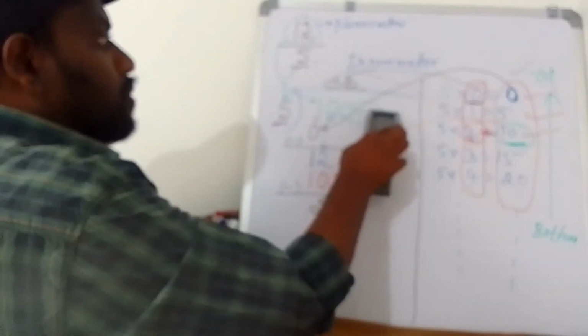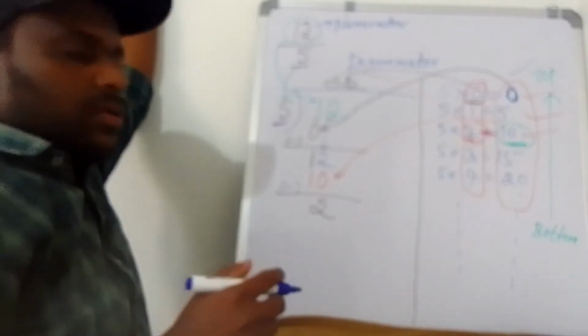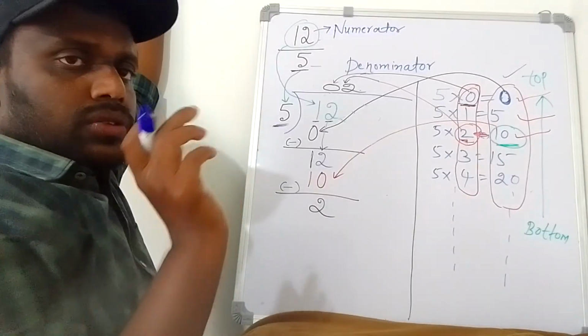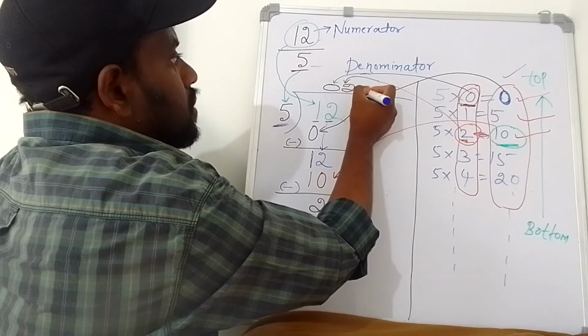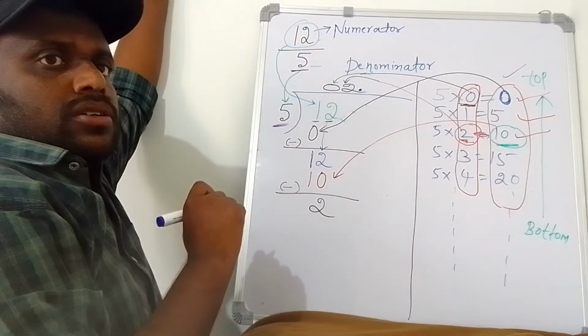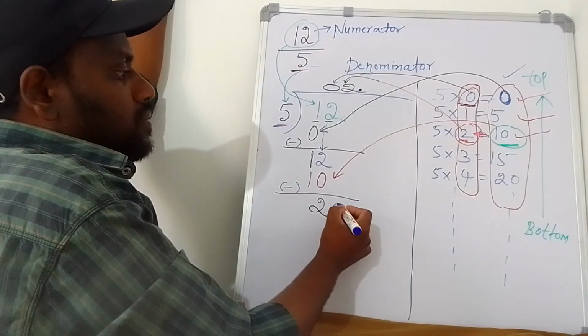So what you have to do is put here one decimal point. Since you are putting a decimal point, you can add a 0 here.